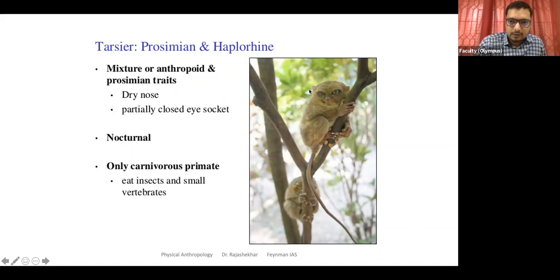This is how tarsiers look. You can see a bit of monkey-like features in the tail structure, overall body shape and body dimension. They carry a mixture of anthropoid and prosimian traits. They're also nocturnal.